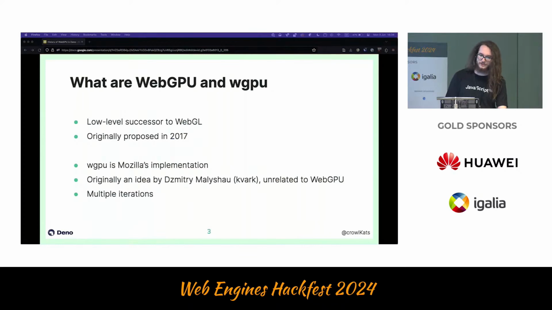Then a follow-up iteration was built on more modern APIs, DX12, Metal, and Vulkan, which implemented a Vulkan-style API on top. So you could use the different systems only using a single unified API that was similar to Vulkan. And then there was a final third iteration, which is WGPU, the crate that's used today.